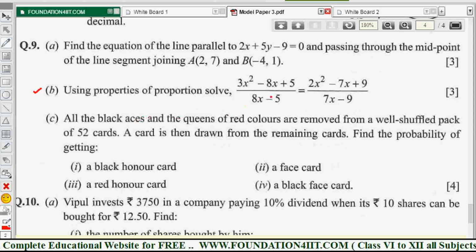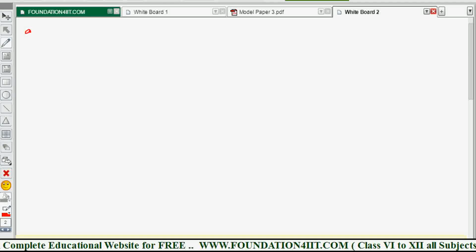Solve (3x² - 8x + 5)/(8x - 5) = (2x² - 7x + 9)/(7x - 9). So you need to use the proportion properties like componendo or dividendo, and then we should simplify to find the x value. They mention using the proportion properties, so we should use that only.